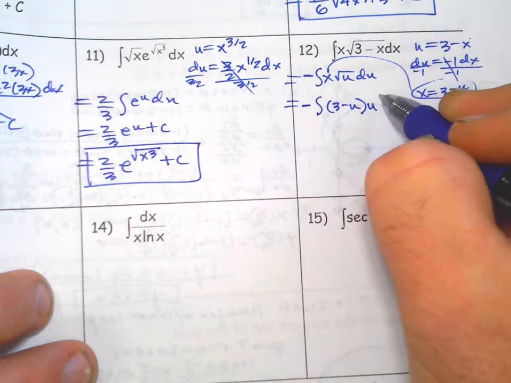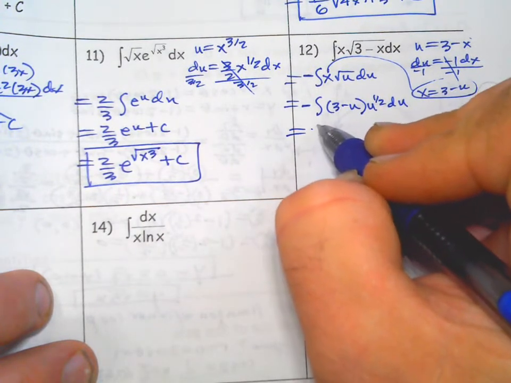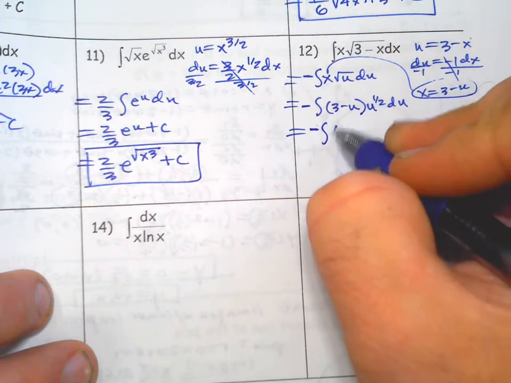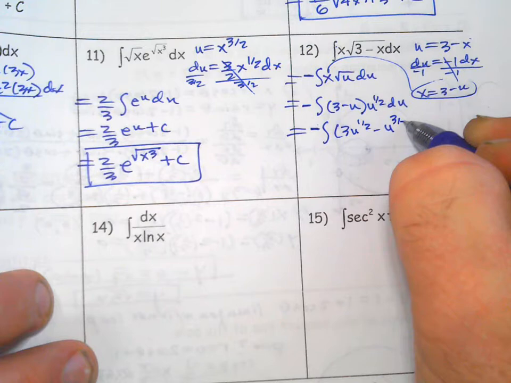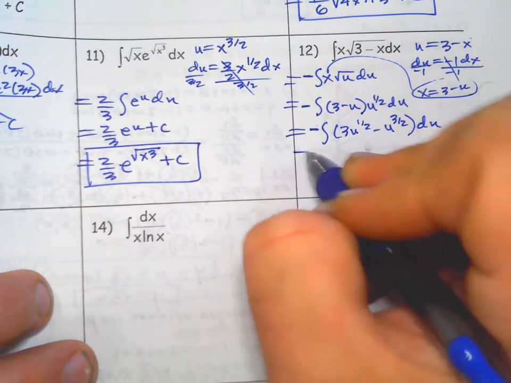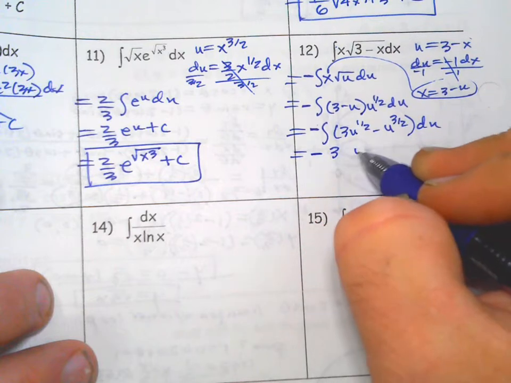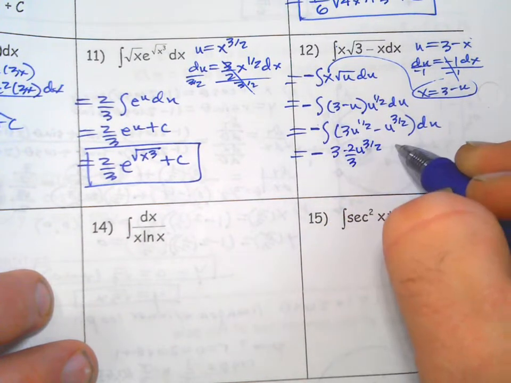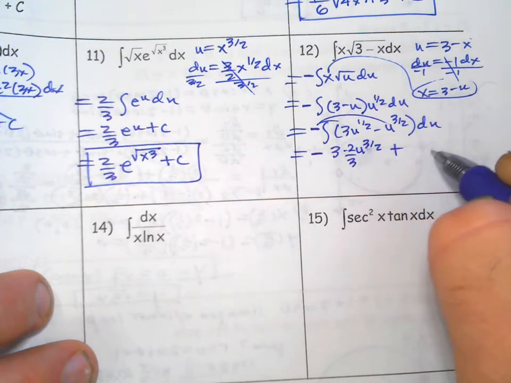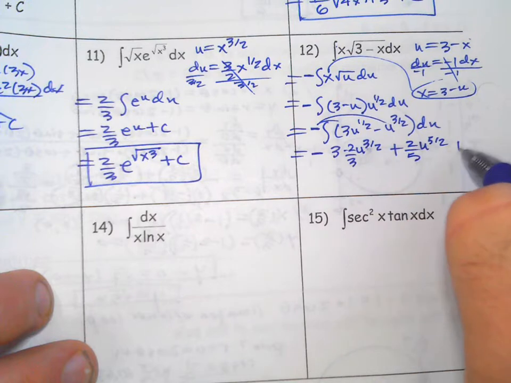Now the square root of u, I'm going to change to the 1/2 power. And then I'm going to distribute this. So I'm going to get 3u to the 1/2 minus u to the 3/2, rules of exponents. And then I'm going to do negative. So here the exponent gets bumped up 1, divided by the new exponent, plus, distributing this negative, u to the 5/2 divided by the new exponent, plus c.